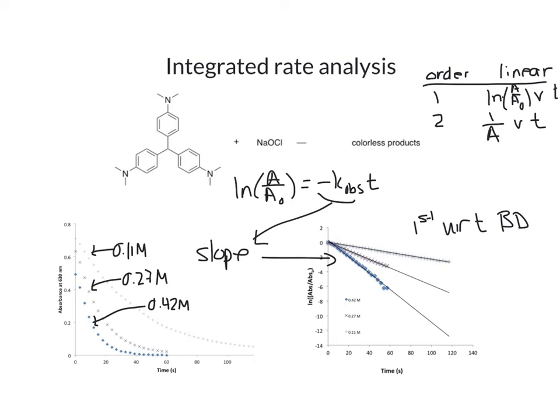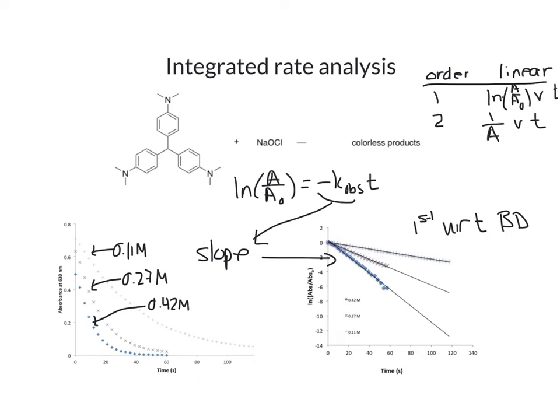So we have a k observed for each of the concentrations of bleach that we used in this experiment. And so the next thing we're going to do is to see how this k observed depends on this bleach concentration. We can see that it's bigger for the larger bleach concentration and smaller for the smaller bleach concentration.